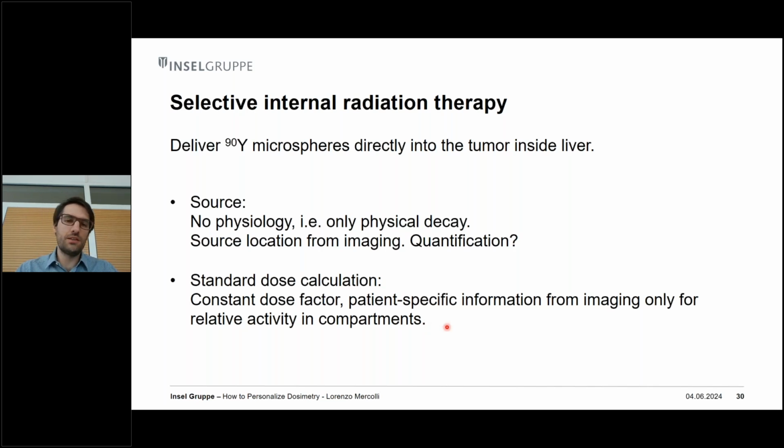By compartments, I mean either the whole liver, tumor, or then there are perfused volumes, there are necrotic volumes. And what is usually done is to take only the relative activity, or relative counts, actually. So when you don't have a quantified image, you can still use the information about the location and just take the relative counts for each compartment and then multiply them with this constant dose factor, and you get an individual or patient-specific dose estimate.